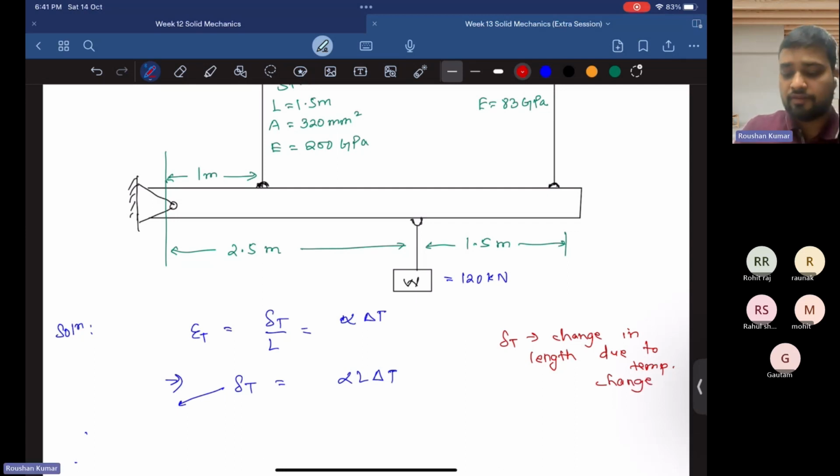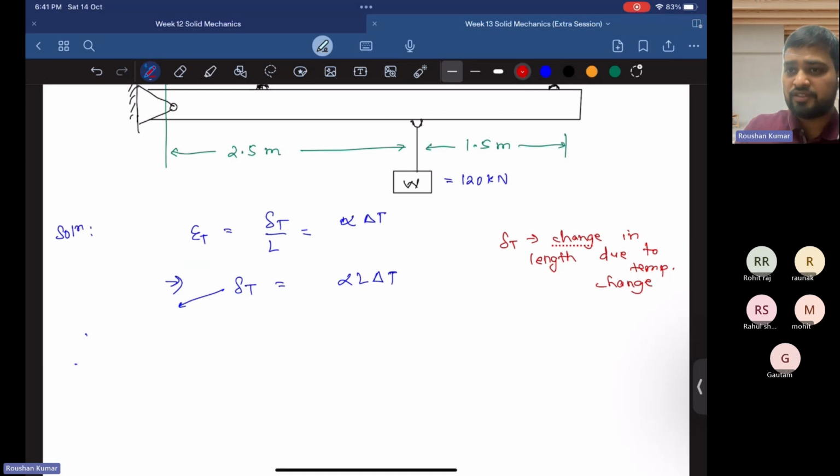So first I will find the value of change in length due to temperature change of the steel bar and then of the bronze bar.